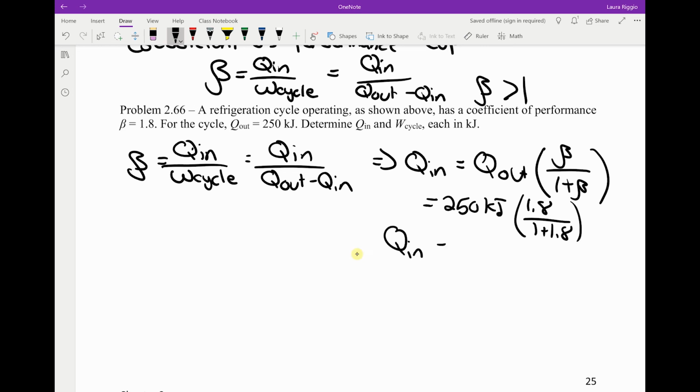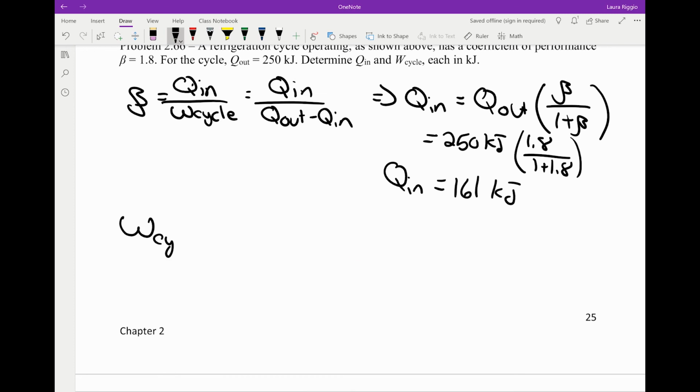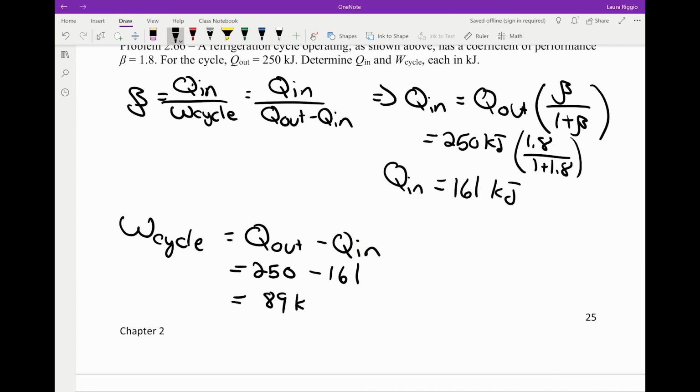So we get that Q in is equal to 161 kilojoules, and W cycle is equal to Q out minus Q in, which is equal to 250 minus 161, which is 89 kilojoules.